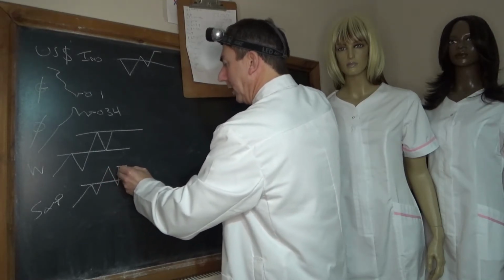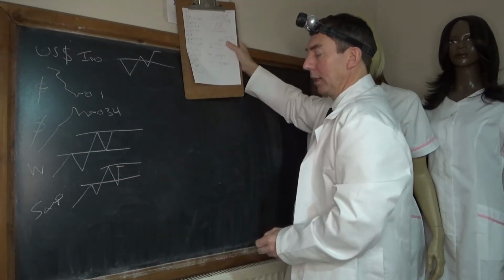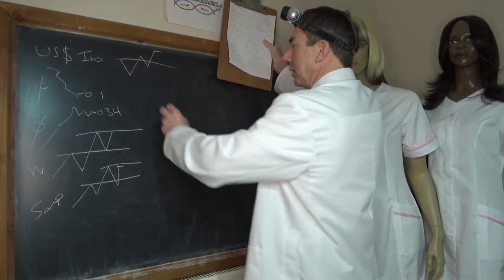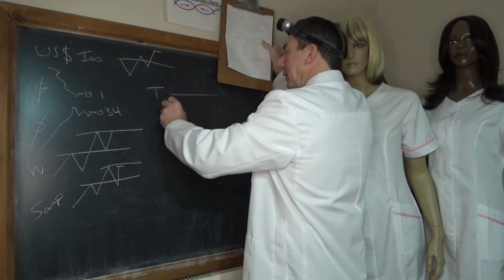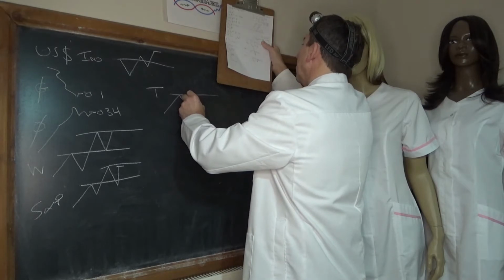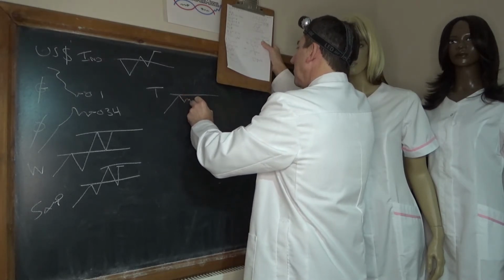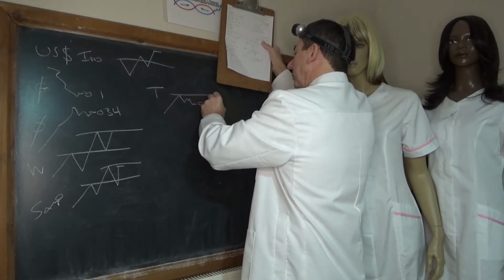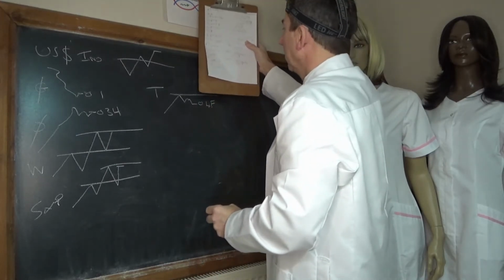It's just slightly below the resistance, the new resistance, and the tech never made it, and it's about 0.4 from the floor. Right, so that's the batting order of those.